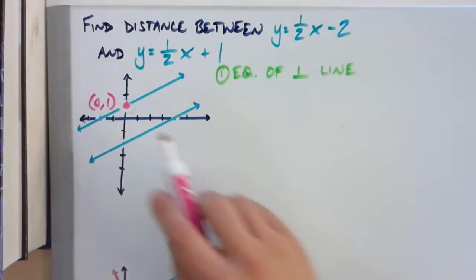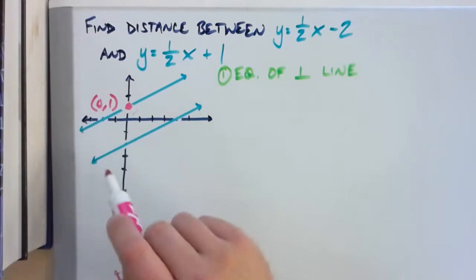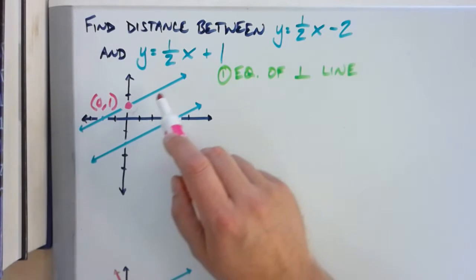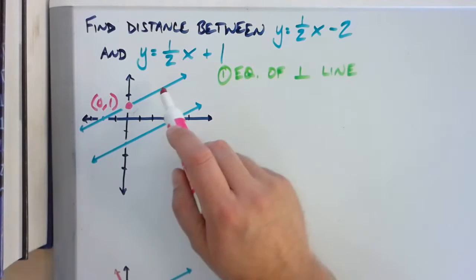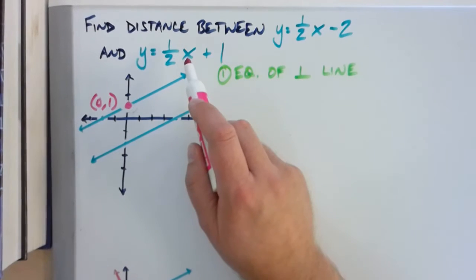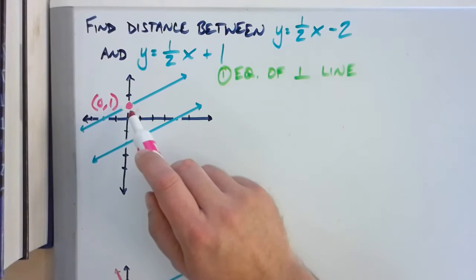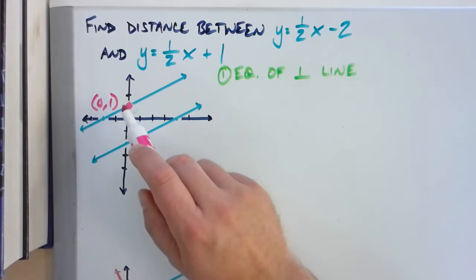So again, my suggestion, you can pick any point you want on either line, but pick the y-intercept of one of the lines. Another valuable step, now that I've chosen a y-intercept, which I did on this top line: the equation for that top line is this guy right here. There's that +1, that's the y-intercept, that's actually the exact point that I chose.